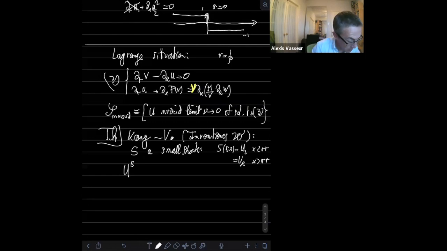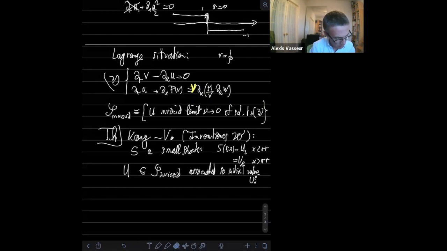So you take U epsilon in S inviscid, associated to the initial value U epsilon 0.